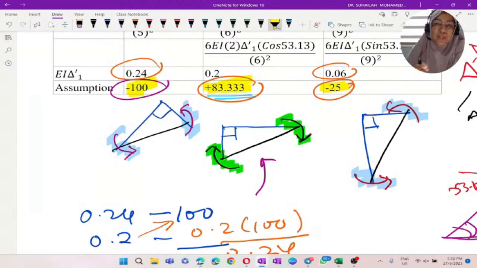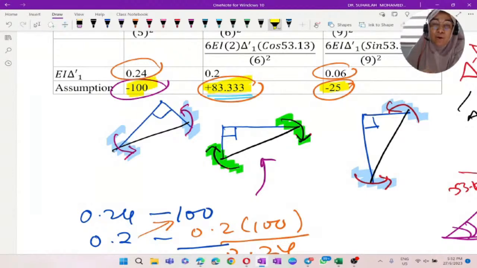Okay, so this is how we analyze, or assume, the FEM for the Sidesway frame. From the assumption, we use interpolation to determine the FEM for the remaining members, BC and CD.